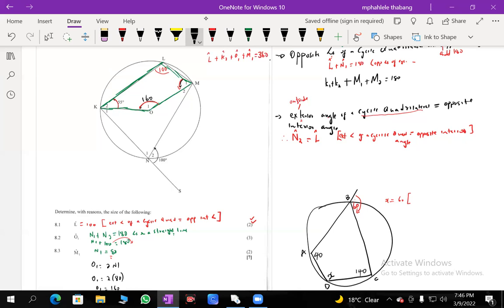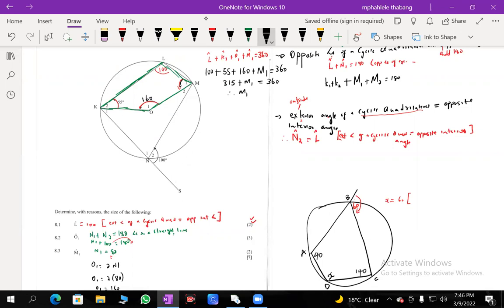Angle L, we know it's 100. K2, we know it's 55. O1 is 160. You have explained it better, since I'm just showing the workings. You add like terms: 100 plus 55 plus 160 gives 315. So 315 plus M1 equals 360.